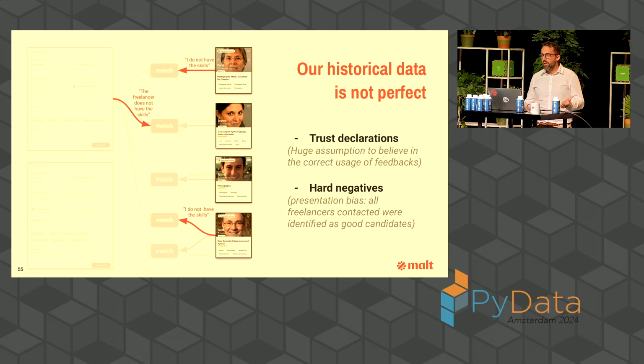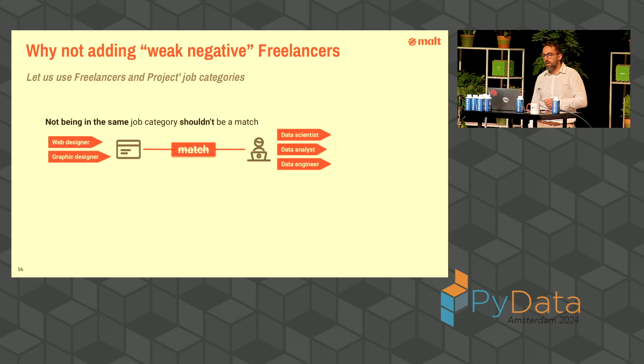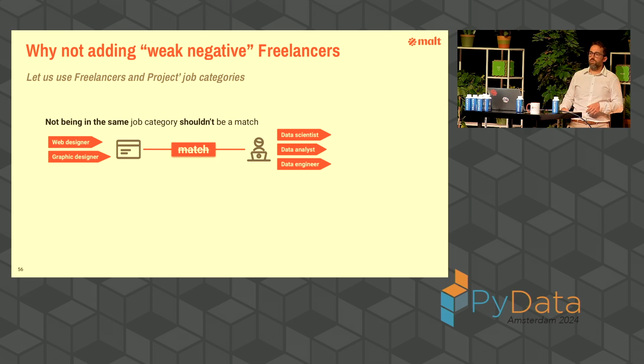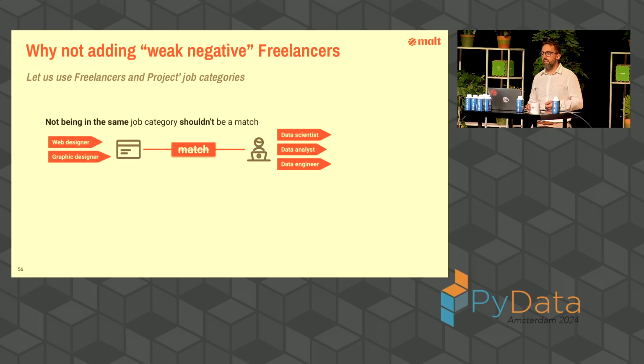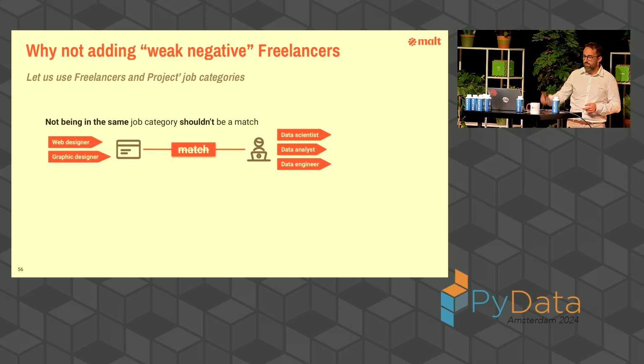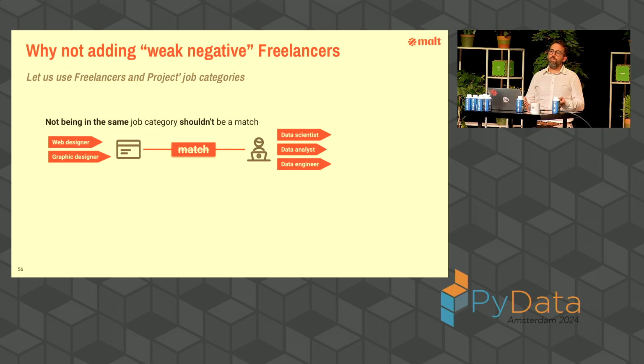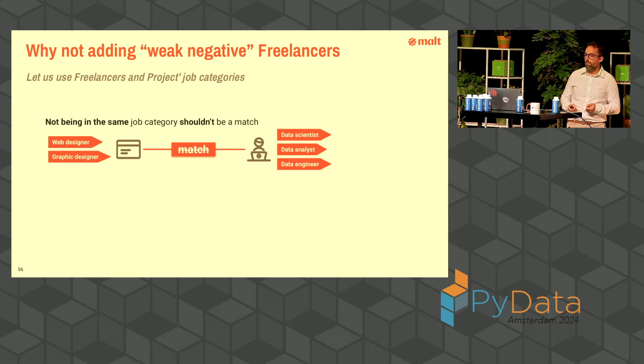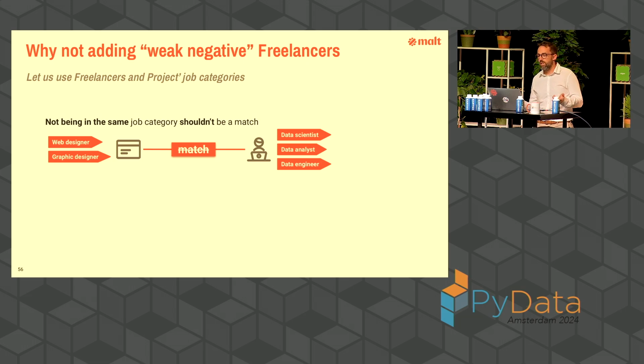So is there something we can do about it? If we take a step back and look at whether there's other data we could exploit, our job taxonomy is a good candidate. Because on Malt, when you create your profile, you can select several job categories to define what you do, and the same goes for companies when they create a project.